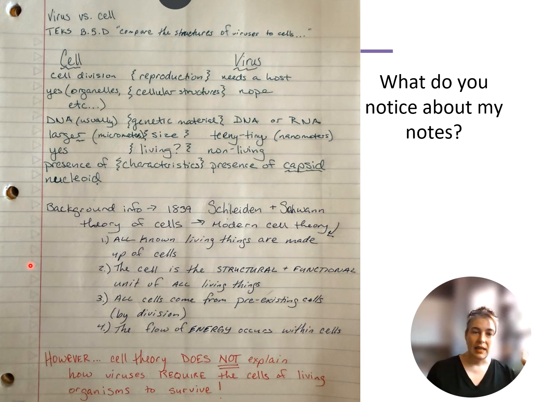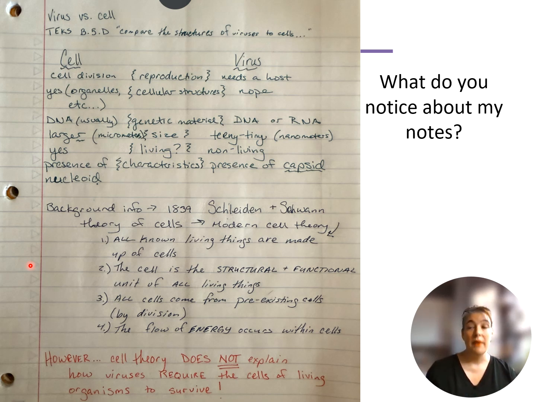So in the 1830s, we had Schwann and Schleiden, I never know how to pronounce that. And their theory of cells gave way to that modern cell theory. And modern cell theory, all known living things are made up of cells. The cell is the structural and functional unit of all living things. All cells come from pre-existing cells by division.